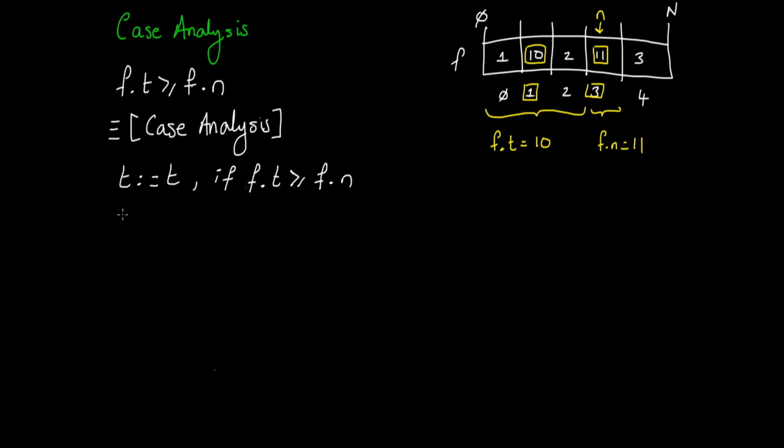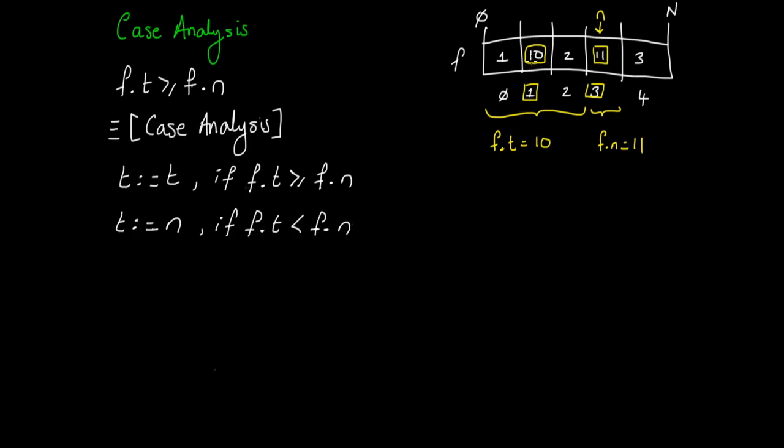The other possibility is t will need to become equal to n if f.t is less than f.n. So if we have an f.n that is greater than f.t, we found the new largest value in the array, just like we have up here.